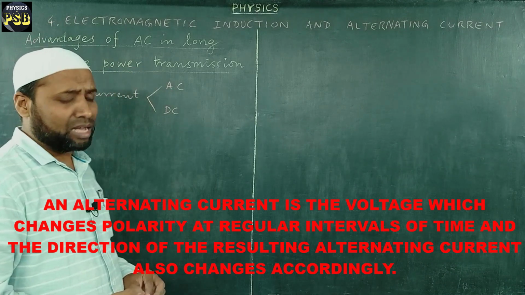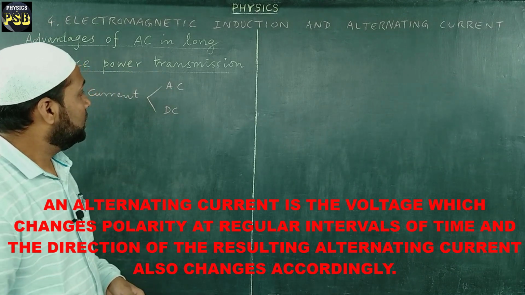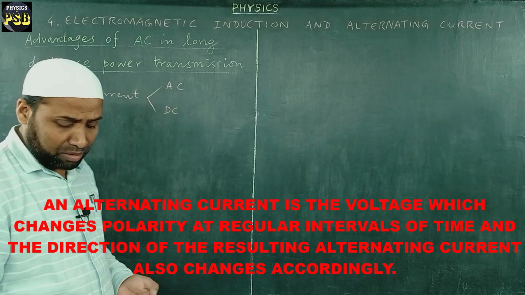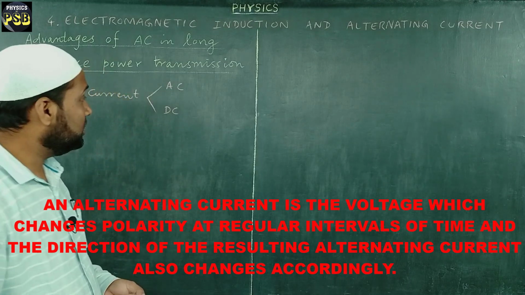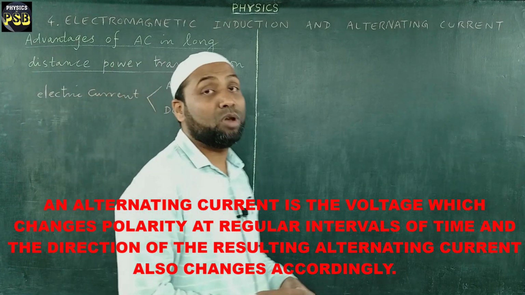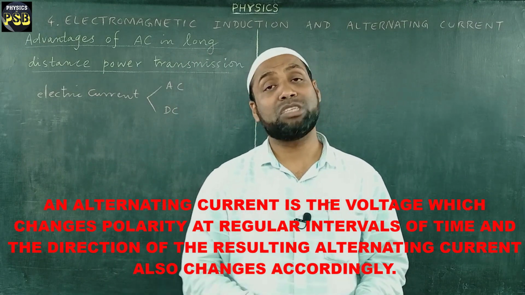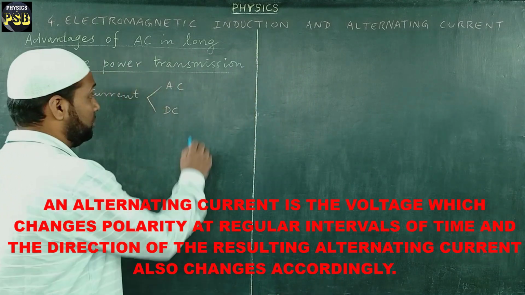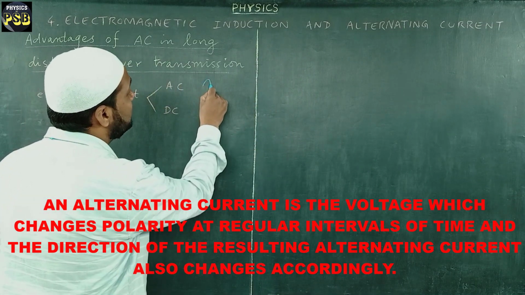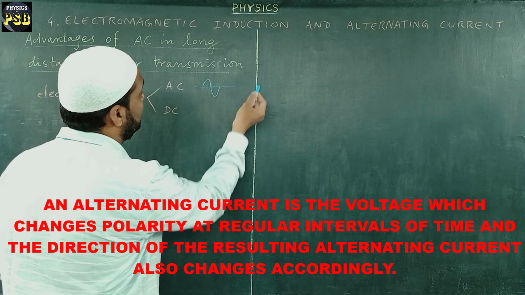What is this alternating current? It is nothing but the electric current in which the polarity, that is the plus or minus sign, varies continuously with time. So it is usually represented by a sinusoidal wave of this kind.